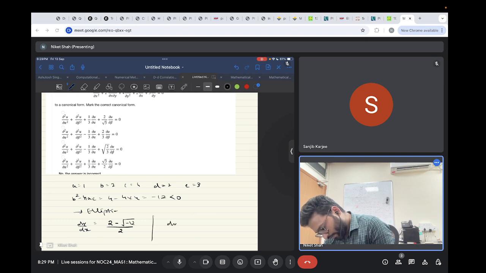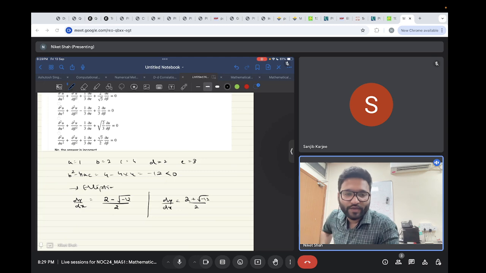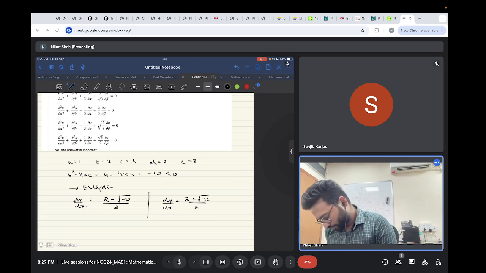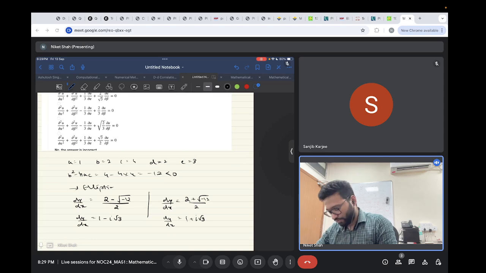Dy by dx is equal to 2 plus square root of minus 12 by 2. Square root of minus 12 is just 2i root 3, which gets cancelled. So this is equal to 1 minus i root 3, and dy by dx is equal to 1 plus i root 3. These are the two forms that we get.